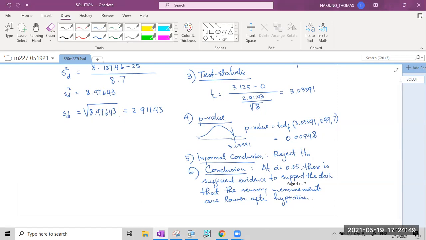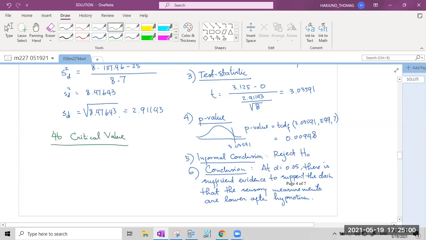To make the situation more complete, let's do 4B, critical value. 5% right tail.